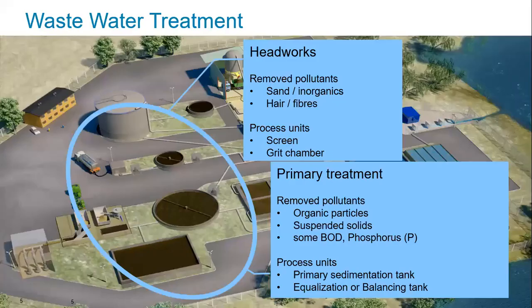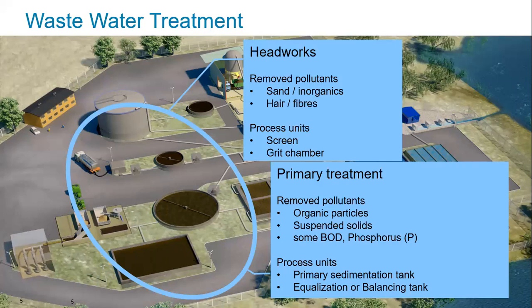So in a typical wastewater treatment works, we have various stages. We have head of the works, so we're removing large particles, sand, fibre, grit, rag, all sorts of things that we don't want going through the treatment works and causing disruption to the mechanical equipment.